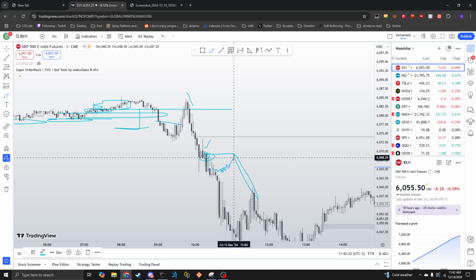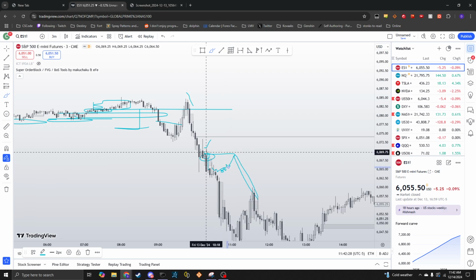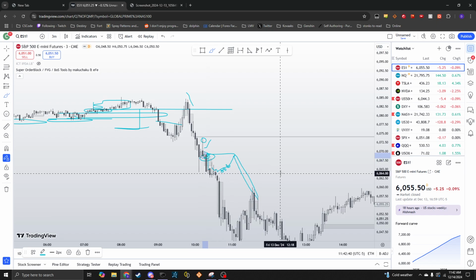You have to be either A, willing to switch back bearish on the same logic, or be able to ignore it and then use other methods of invalidation, like the turtle soup or just the order block. You see what I'm saying? All right, no? Yes.